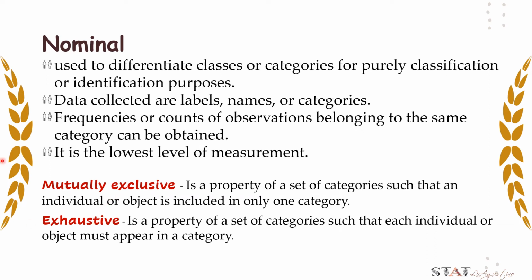Again, by definition, we can count these observations. Your type of diet, whether you are a vegetarian or not, is also a nominal level. Your religious affiliation, are you Seventh-day Adventist or non-Adventist, is also a category. So that is the nominal level of measurement.